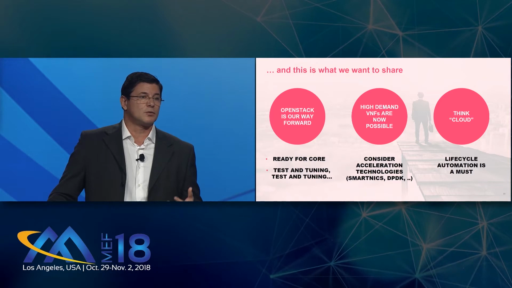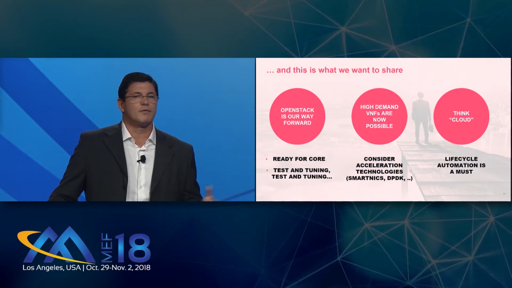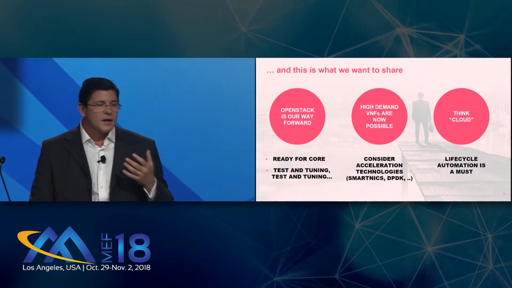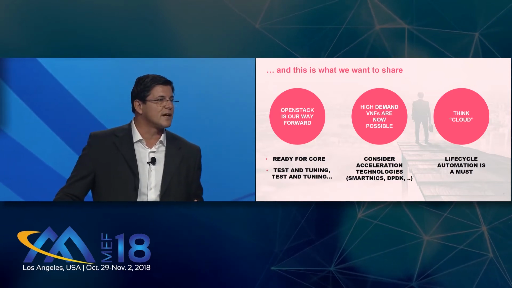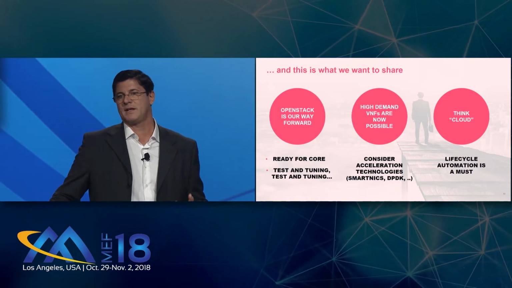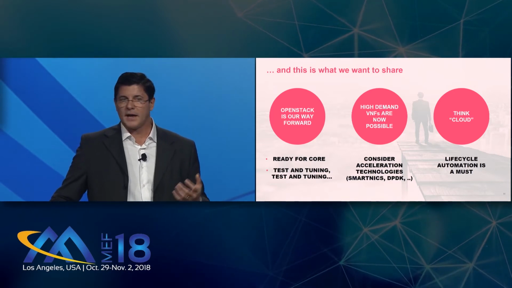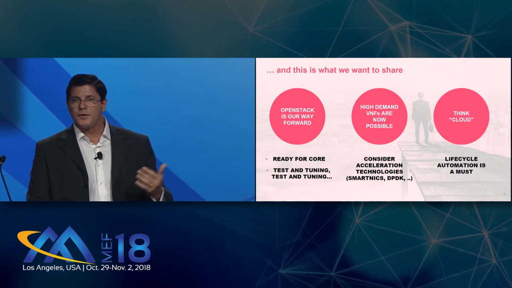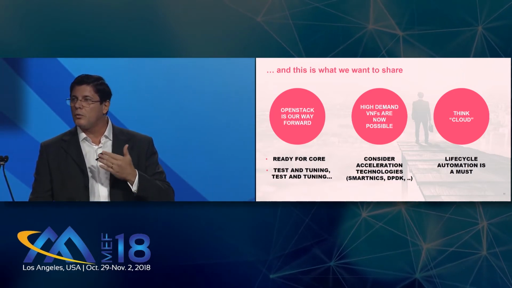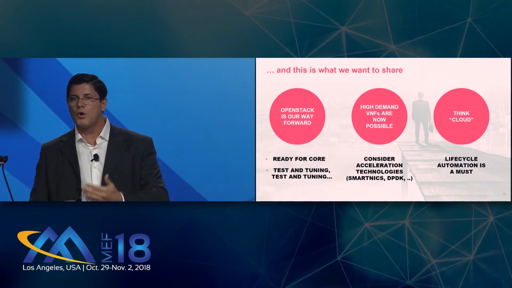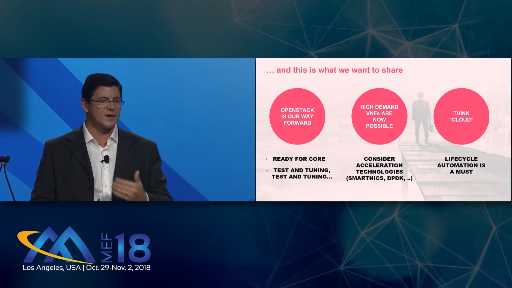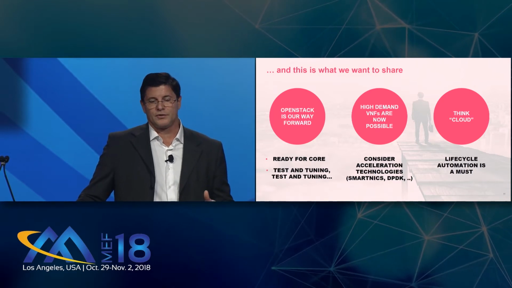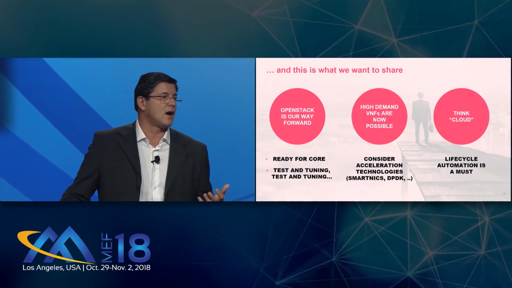It's also important to understand that the cloud is not only for general purpose applications, for OTT-light applications. You can use the cloud, you can use OpenStack, also to run highly demanding virtual network functions. And the journey that we did is a 3-month journey. We are continuing to do it, always going ahead and getting more and more throughput, better results. So for us, it's very important to go in this direction, and also to think cloud.